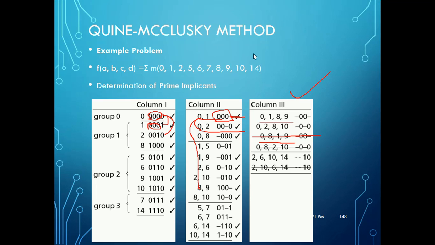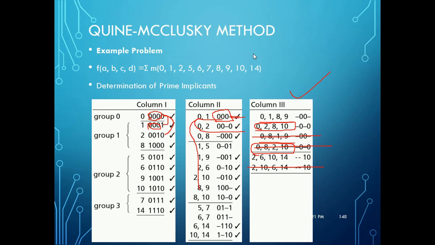The next value is 02 8 10, and in that case it is matching with the value 0 8 2 10, so I strike out one value here. Both are the same, so that's why we strike out one. 2, 6, 10, 14 is the same as writing 2, 10, 6, 14, so that's why one is being struck out.